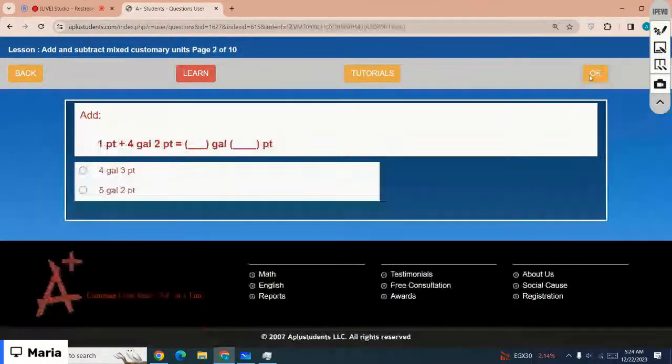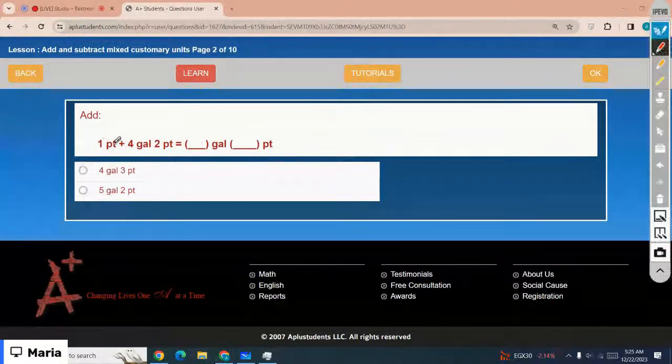The next one is 1 pint plus 4 gallons 2 pints. So which is the correct option? You can add pints to pints and gallons to gallons, right? You are not given gallons in the first quantity, so that means it would be 4 gallons. You always add the same units, right? Here you are given 1 pint, you have to add it to 4 gallons and 2 pints.